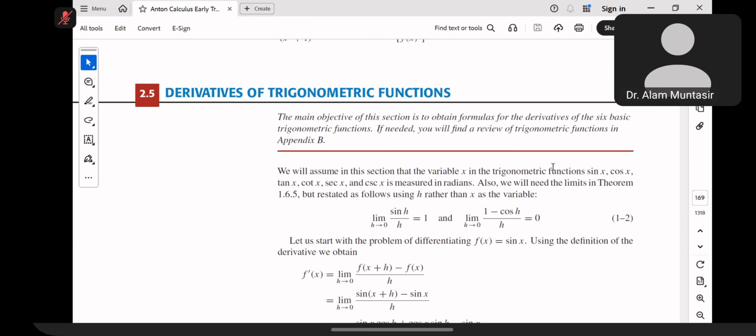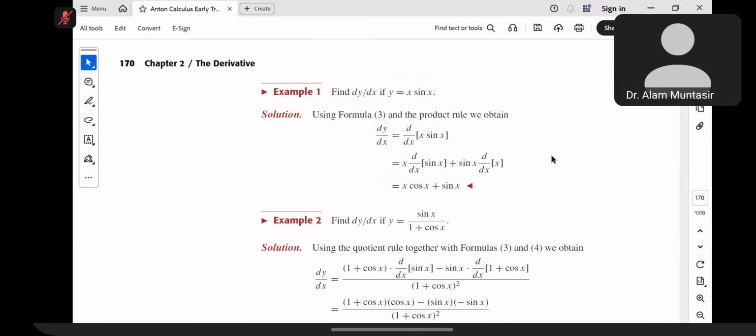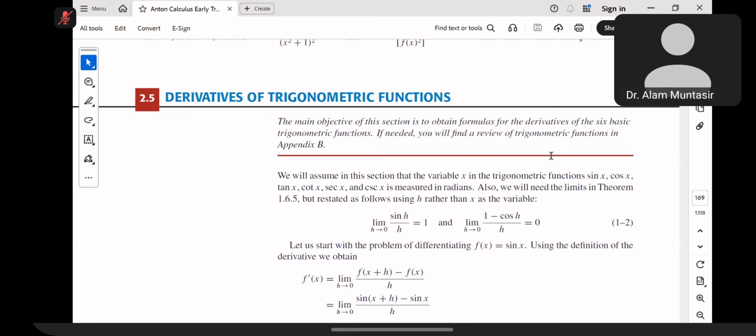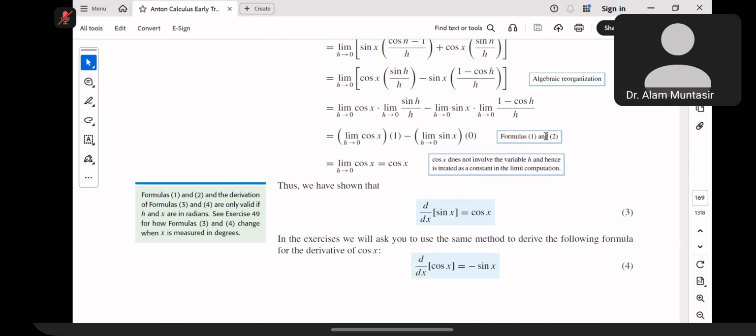In this chapter, you just take the differentiation of trigonometric functions by direct formula. Okay? Can you remember these formulas? You studied them many times before. Yes, sir.